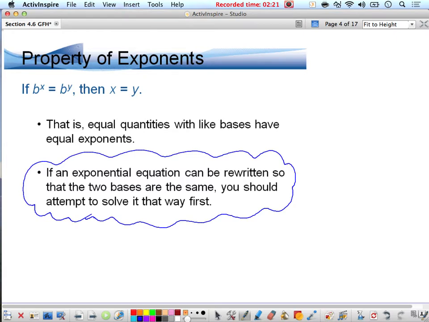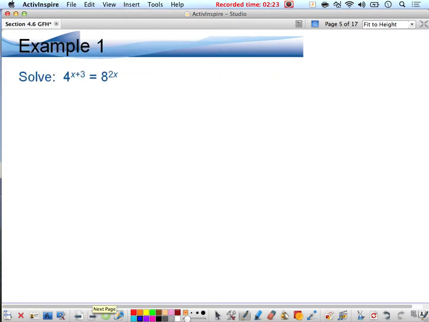So for example, let's take a look at 4^(x+3) = 8^(2x). Notice that your variables are in the exponents on both sides. And then think about the bases. On the left side, the base is 4, but on the right side, the base is 8.